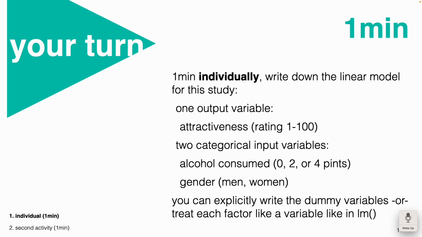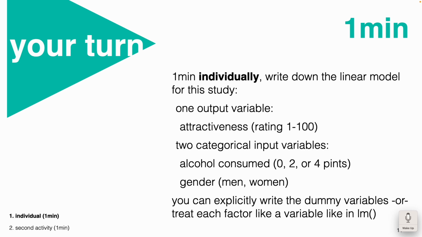Alcohol, okay. 2, okay. Next, we'll do the dummy variables first. Okay, what's next? X I. That's not quite what we want. We need to indicate that this is a variable. Yeah.